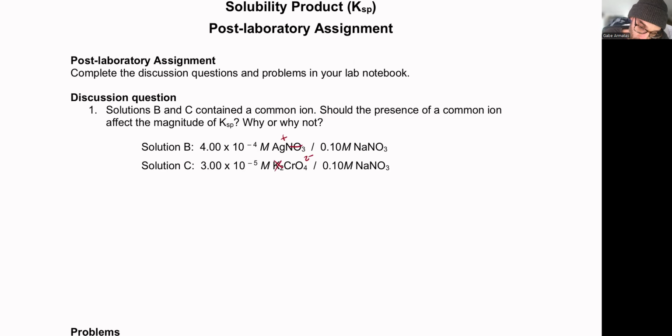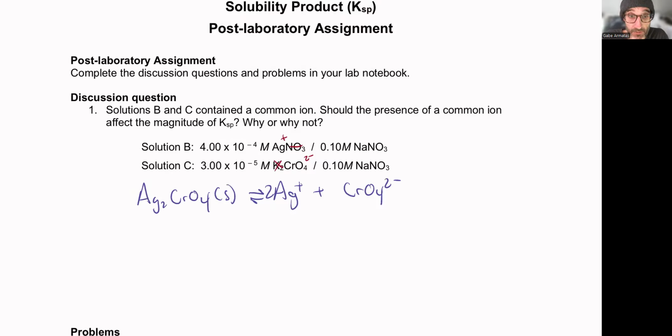First of all, we always need the equilibrium. So this is solubility products. We have a solid dissociating into two silver ions and one chromate ion. Now, a common ion will shift the reaction.